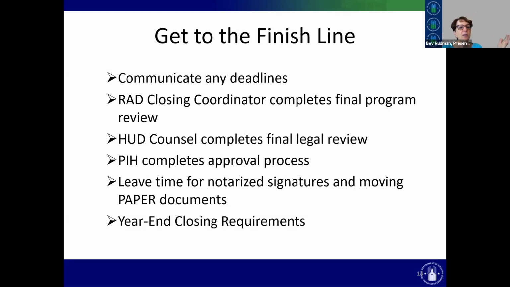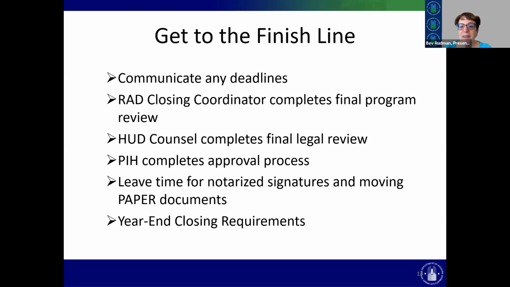And year-end closing requirements. The only times we've really had a workload that could create the need to prioritize what we work on is towards the end of the year, October, November, December. It's not every year, but we recognize that that's our heaviest period of closings.